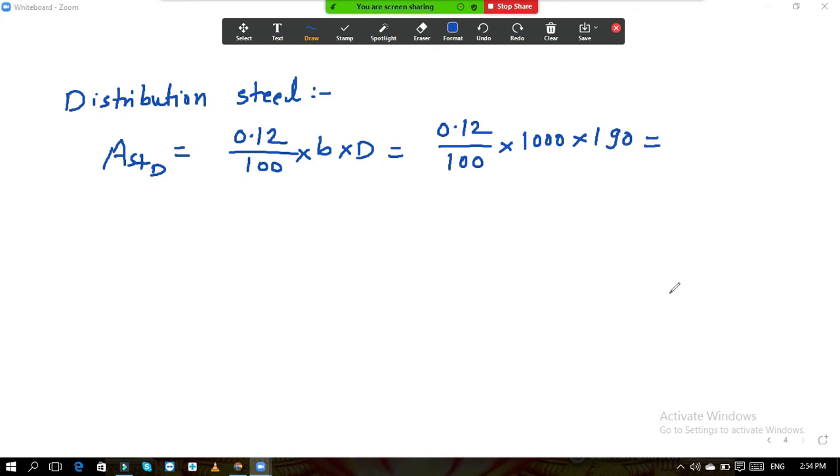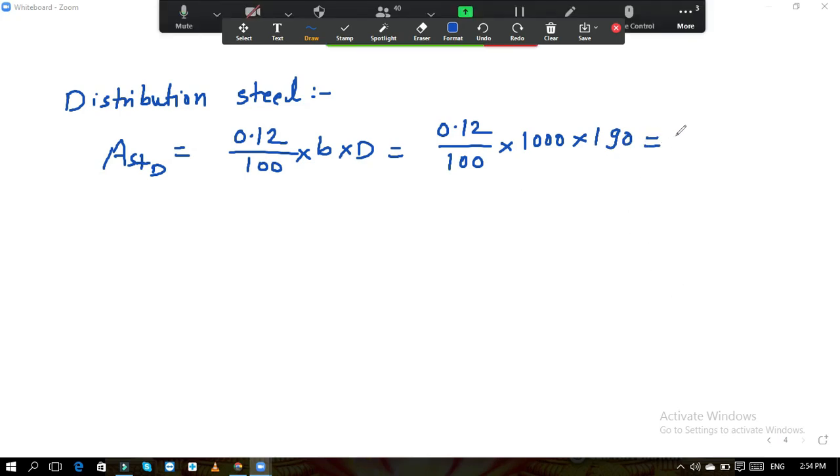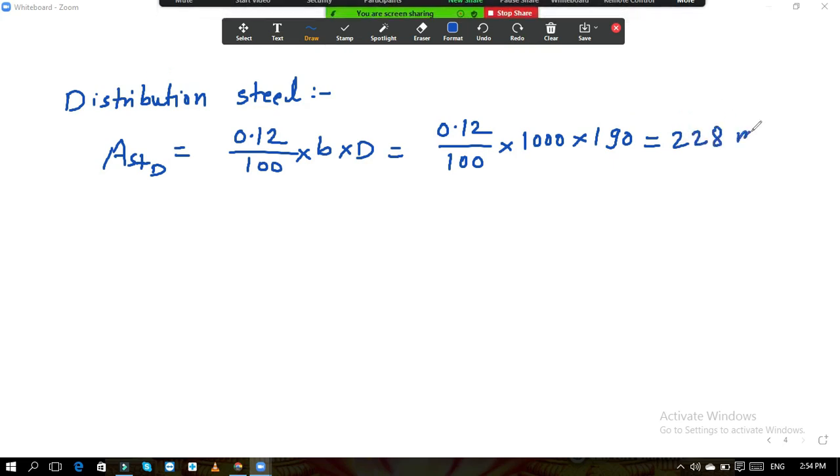If you solve, you will get 228 mm square.